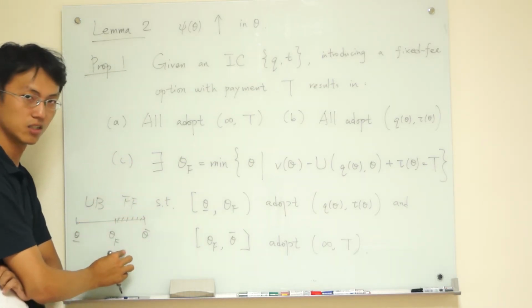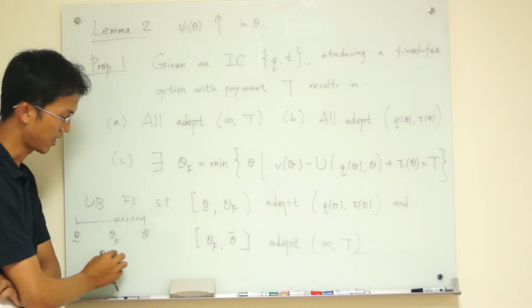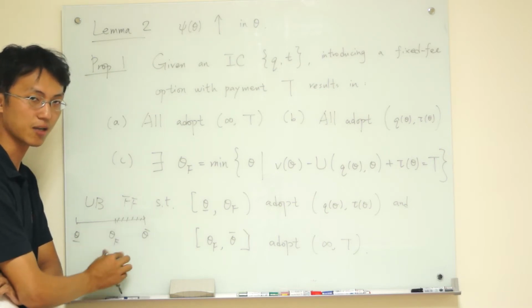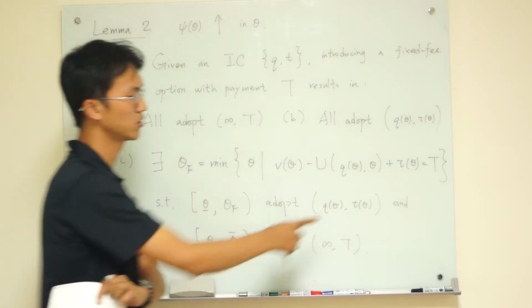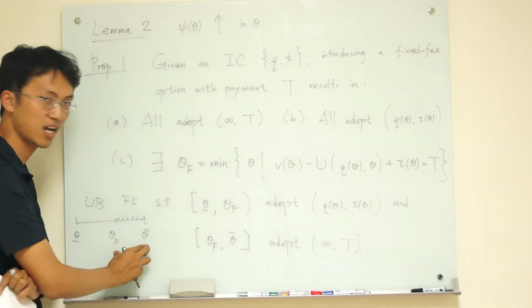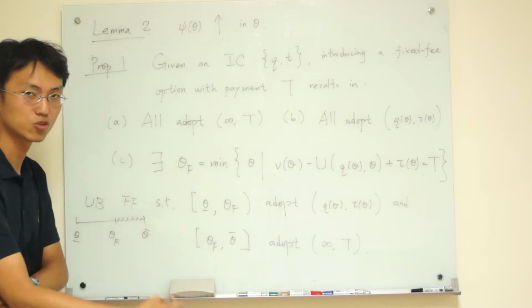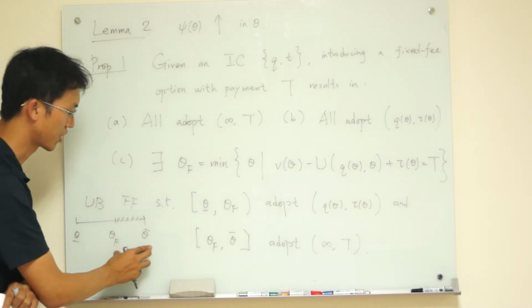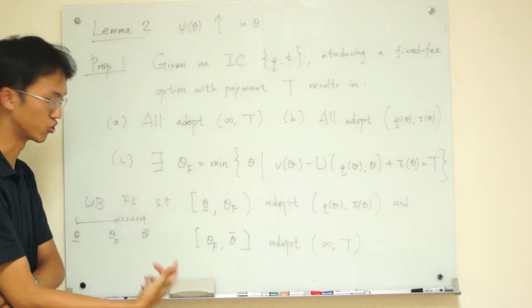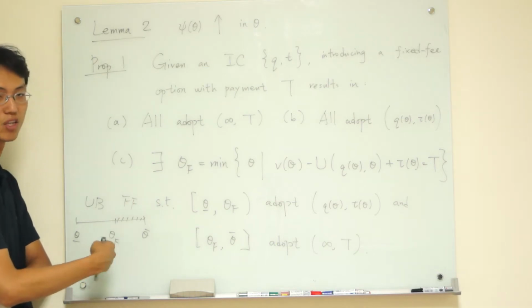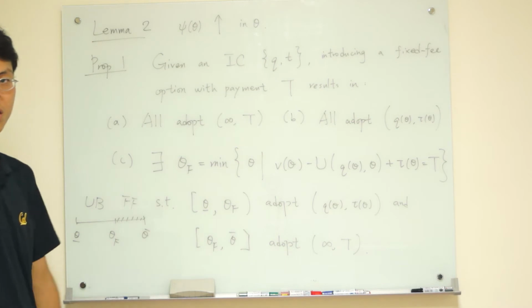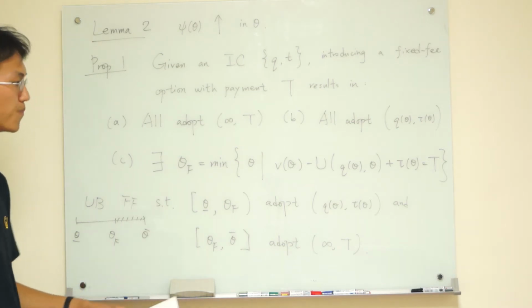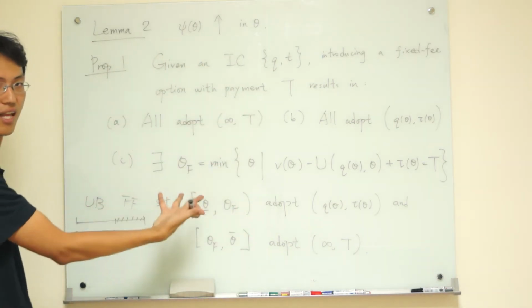Because those guys have higher types, they will have higher willingness to pay. If this guy is willing to switch, all other guys above it are willing to pay more for this plan, so they will also be willing to switch. All other guys below it will not. So this fits our intuition, but rigorously like this.